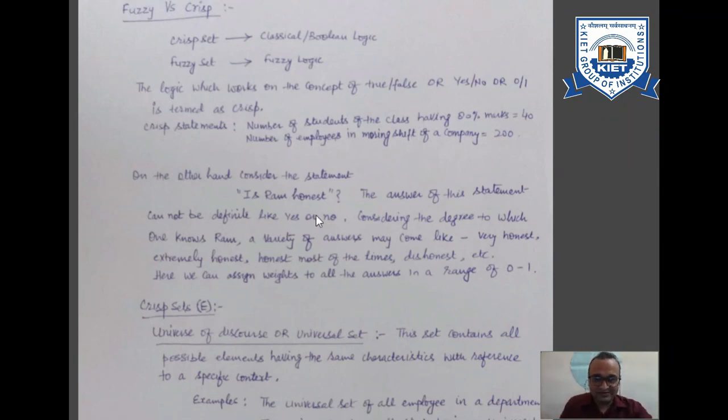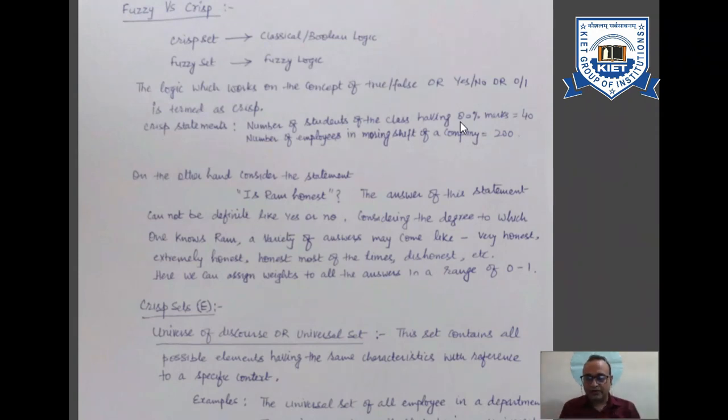As I discussed, one example of a crisp statement: the number of students in a class having more than 80% marks is equal to 40. I'm giving a statement that there are only 40 students in a class who scored more than 80% marks. So I am very deterministic. It's crisp information, right? Another example: the number of employees working in the morning shift in a company is equal to 200.